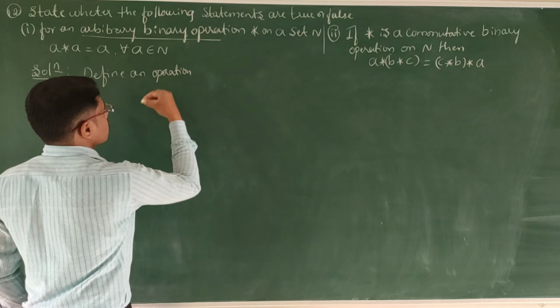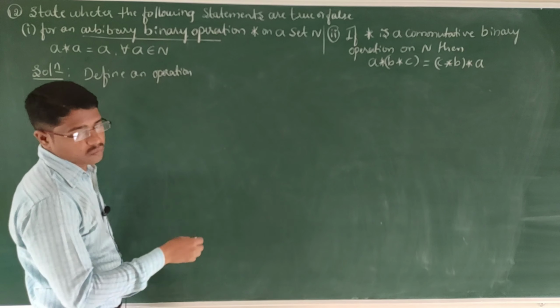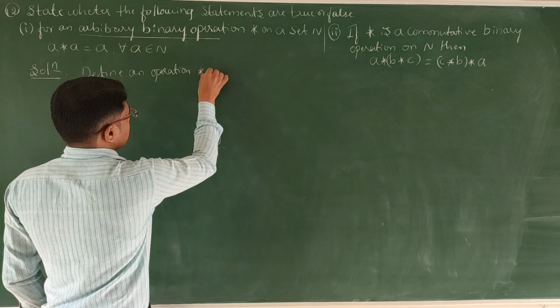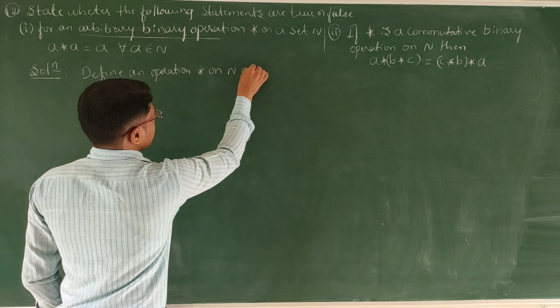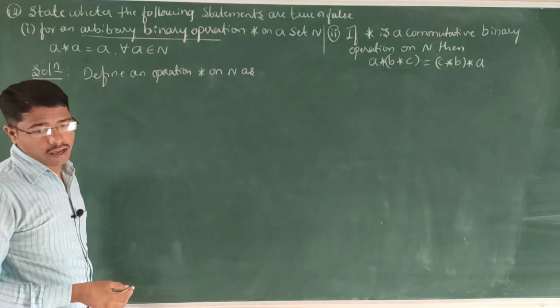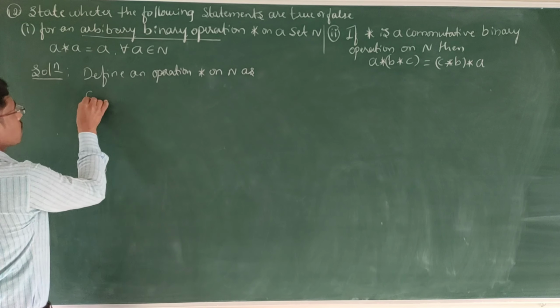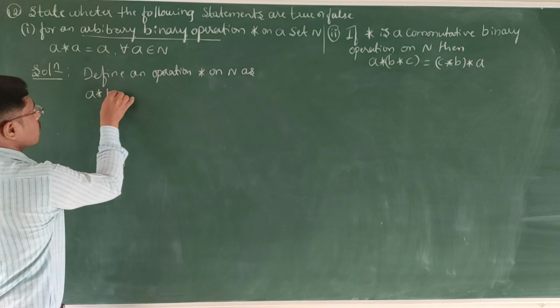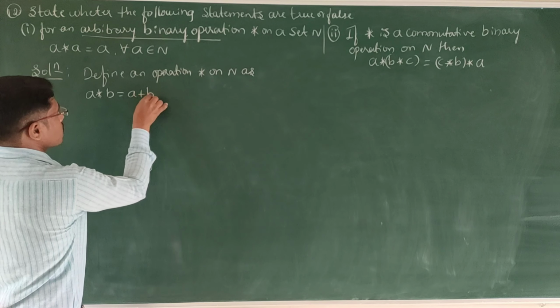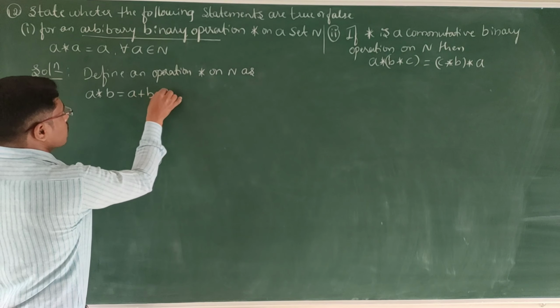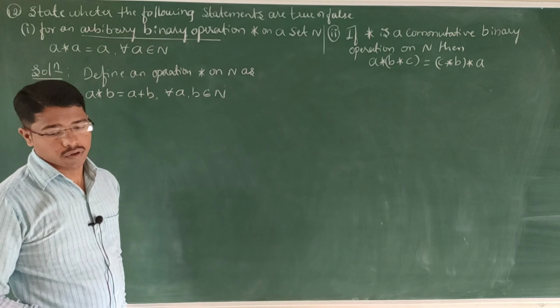I am only considering an operation star on N defined as a star b equal to a plus b for all a, b belongs to the set of natural numbers.